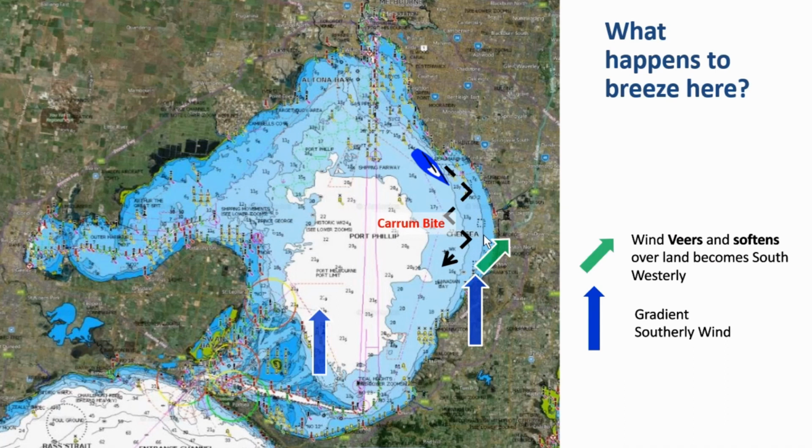But as you get closer to the shore and you get more of the wind veering, you get a lessening of wind pressure closer to the shore.